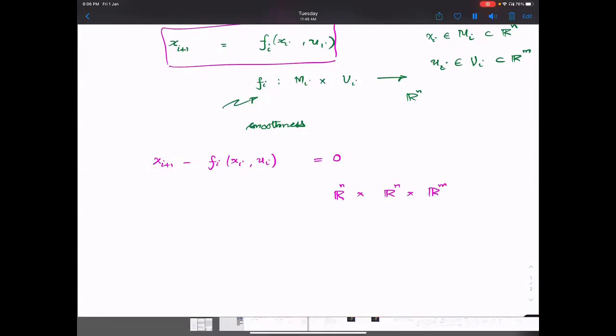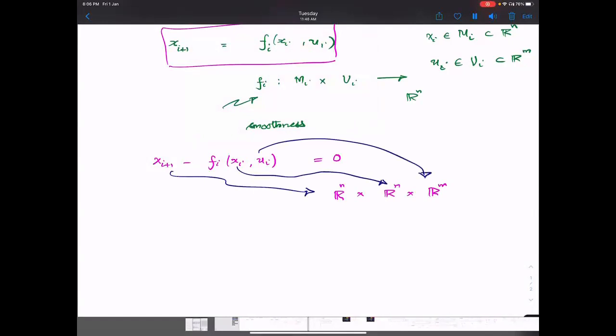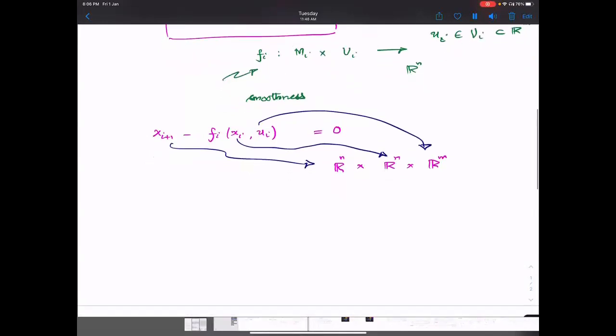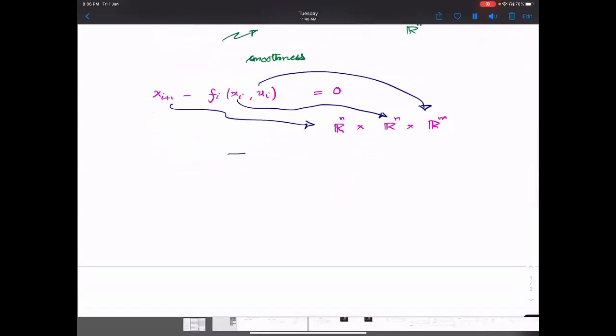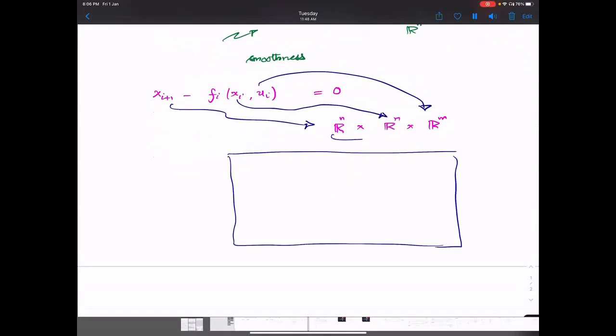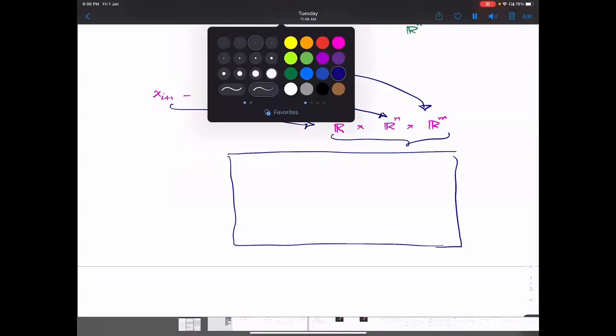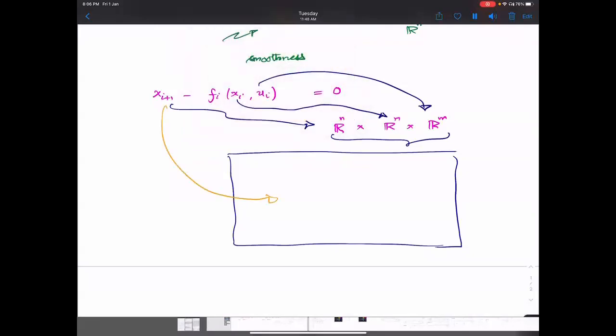Why? Because I have this in R^n, this in R^n, and this in R^m. So if I consider a Euclidean space of this nature, this constraint is of the form of some level set, since we are concerning ourselves with smooth functions.